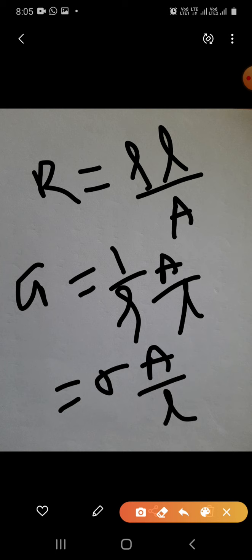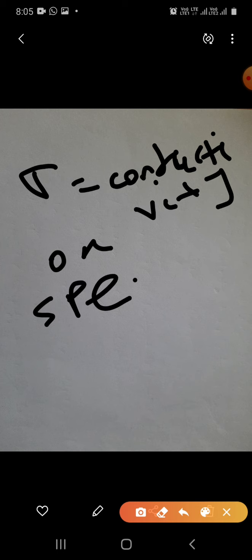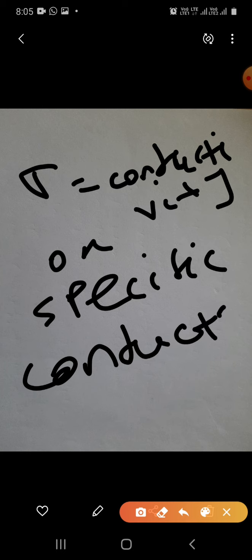Here sigma is the conductivity or specific conductance. Now suppose we are discussing the unit of conductance.